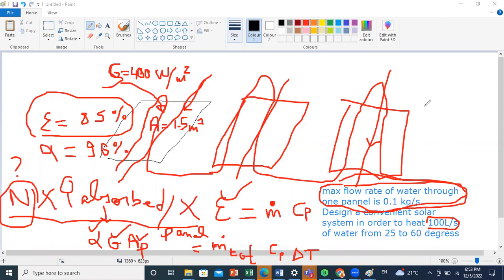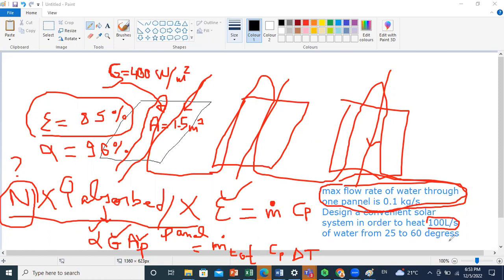But for this study now, we just need to know the number of panels to use, because we need to determine the total energy that we should absorb. Now, how to take it, in series or in parallel, is another study. Okay, so it's m dot total times Cp times delta T.